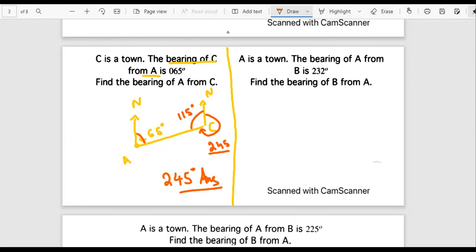Now let's talk about this. A is a town. The bearing of A from B is 232. Find the bearing of B from A. Okay. The bearing of A from B. Let's make the point B and let's make north on it. The angle is 232. So I'll start from here. It would be 180 on a straight line and then it would be somewhere here.